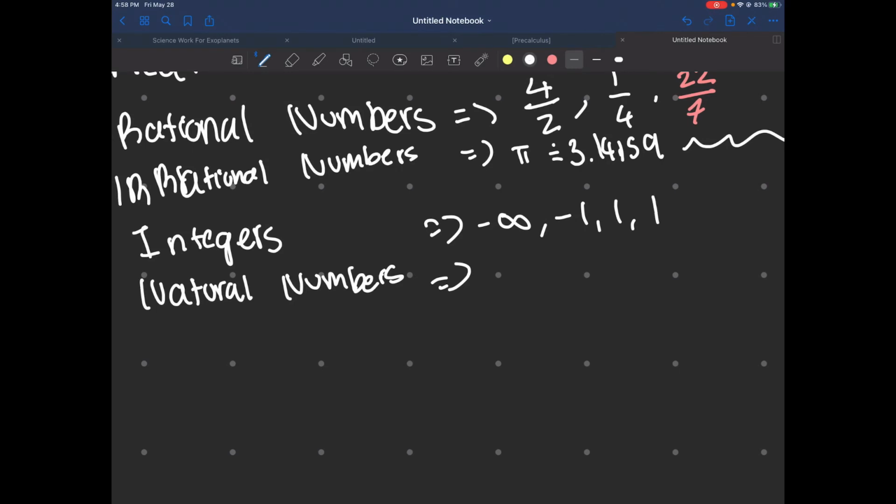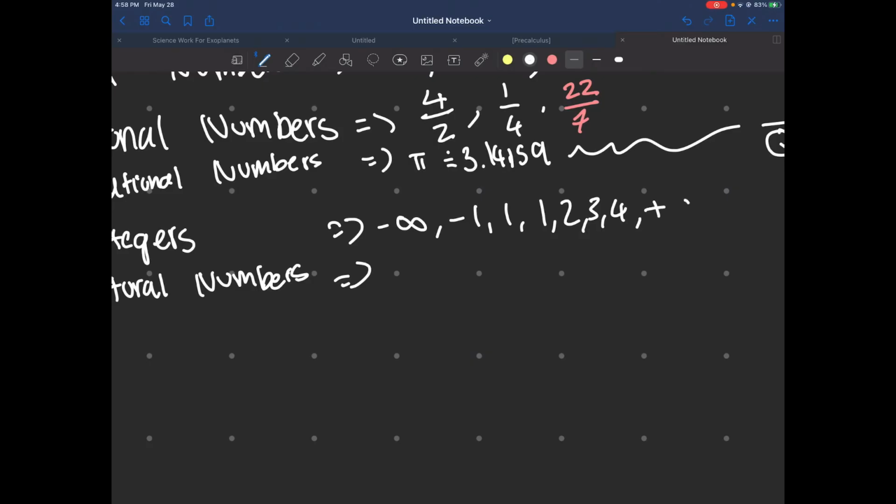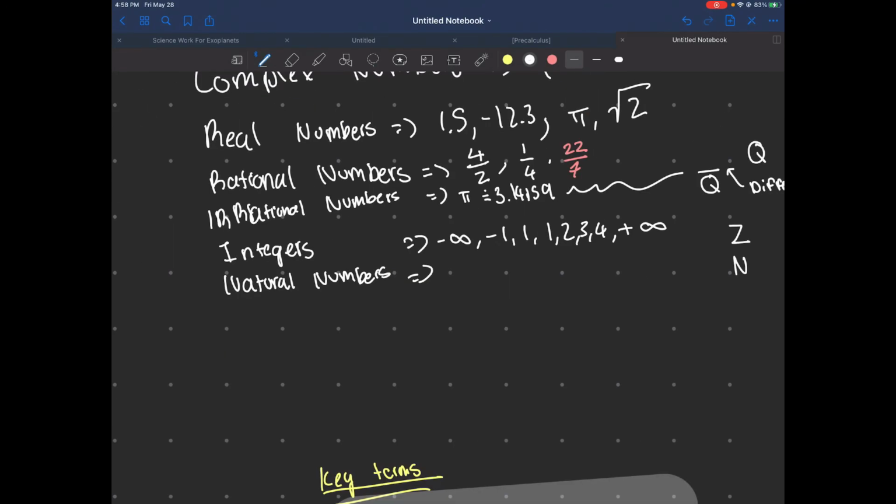There's 1, 2, 3, 4, and you can even include plus infinity. Now, natural numbers are just 1, 2, 3, 4, everything all the way up to infinity. If we see a number line here and say that this is 0, 0 is not included in natural numbers.